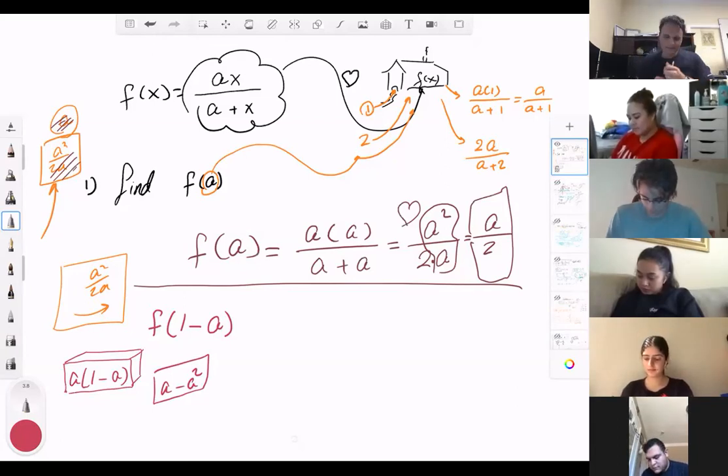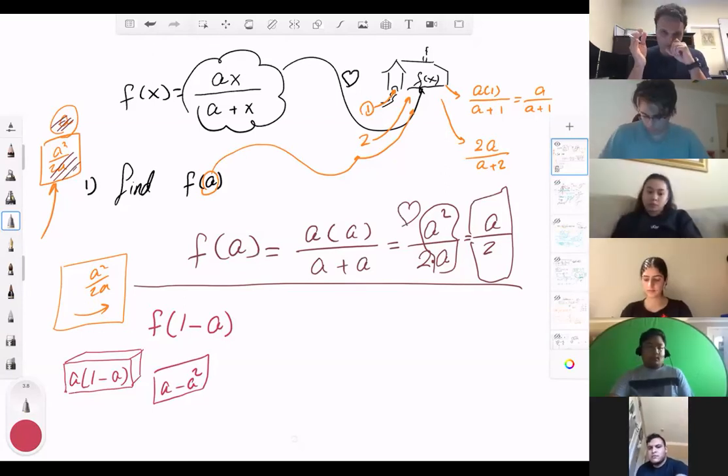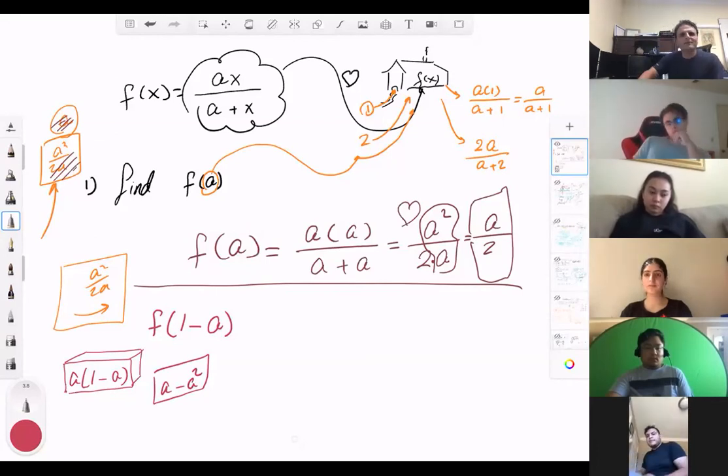That's correct. So the level of difficulty of this, compared with finding a domain, range, analyzing the long-term behavior or short-term behavior, is low. We're just putting in inputs and looking for outputs.